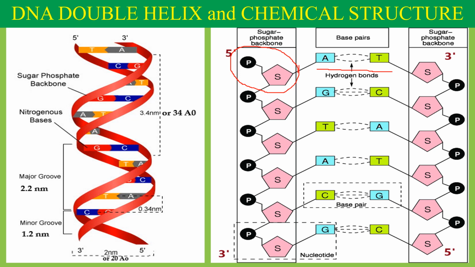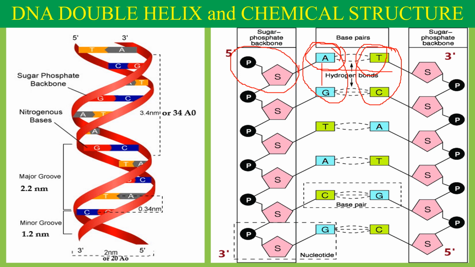Here, the purines pair with the pyrimidines. Adenine is a purine, thymine is a pyrimidine. Then the question arises, why does adenine not pair with the other purine, that is guanine? Why does adenine not pair with guanine, or why does thymine not pair with cytosine? This is because purines are double ringed and pyrimidines are single ringed structures.